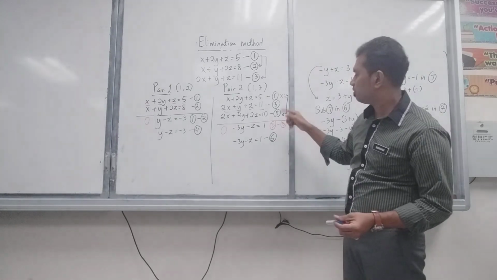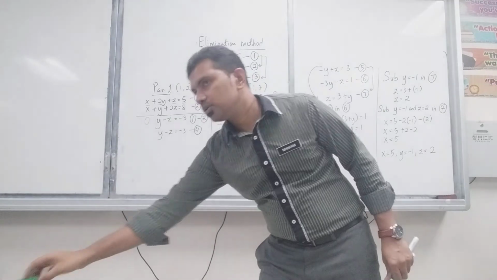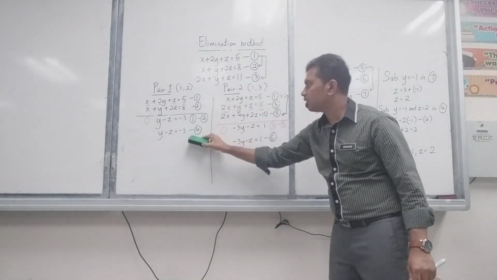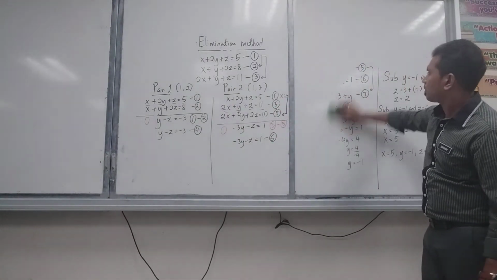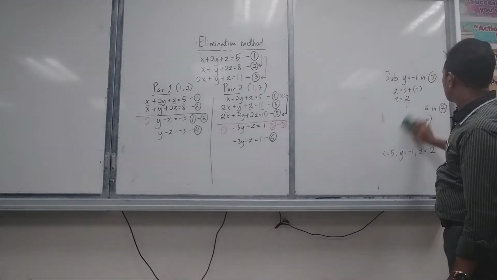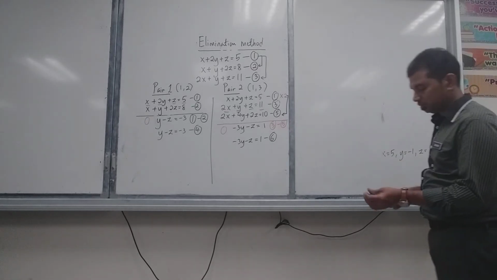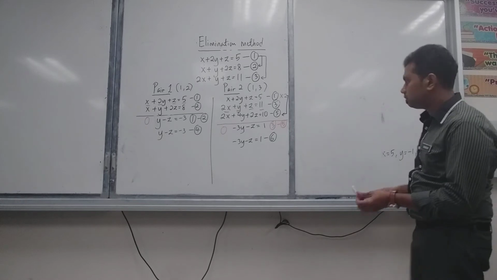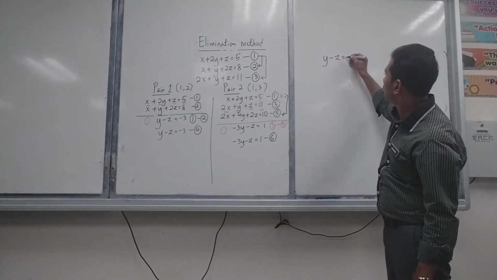Okay, 5 divided by 6. Again, what you must do now, take these two equations, that means the result of the first pair and the result of the second pair, we write it here. Y minus z equals negative 3.